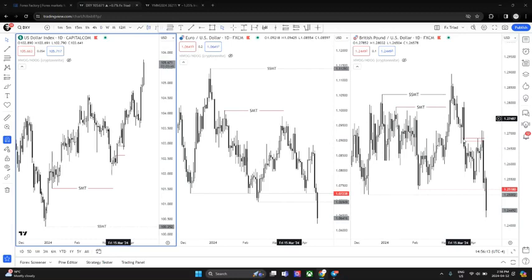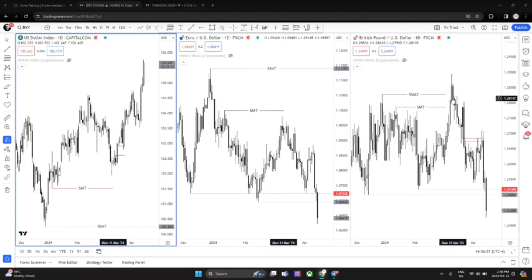And what makes it even stronger is that we had SMT below the sequence of SMT. Right? This was a literal sign that the euro is bearish, is weak, and the dollar is strong. Due to the fact that this low didn't get taken out and this low didn't get taken out, but the pound managed to take out both of these highs. If you guys realize, I did not care about the correlation here that much because we already had our trend established, right?